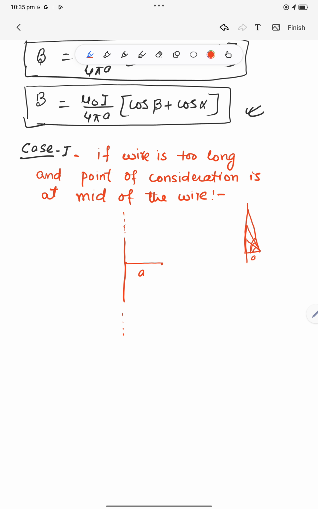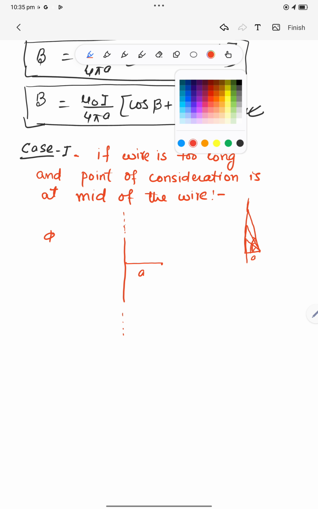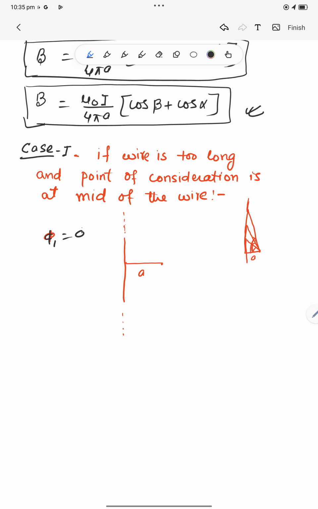When we increase this length up to infinite, then this angle tends to 90 degrees. So in that case our phi 1 and phi 2 will be equal to 90 degrees, and our total magnetic field at this point will be mu naught I by 4 pi a, sine 90 plus sine 90.